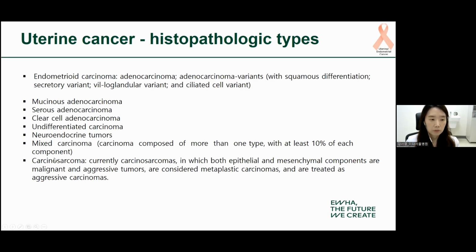And carcinosarcoma is actually a type of mesenchymal tumor, however, in which both epithelial and mesenchymal components are present. These days, these cancers are considered metaplastic carcinomas and are treated as aggressive carcinomas.